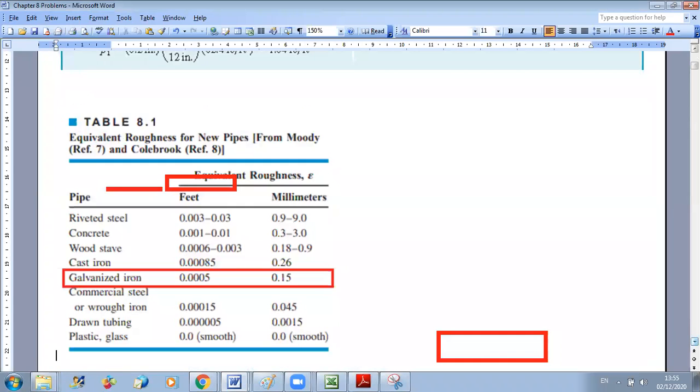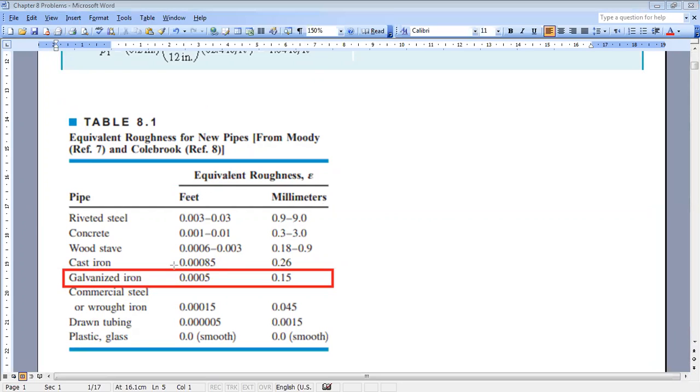The table is in the book and it's table 8.1. If you look at table 8.1 for different material types of pipes, they give you the corresponding roughness in feet and in millimeter. Now here, because we are working in English units, we will take the value in feet. So for galvanized iron, the case is epsilon of 0.0005.